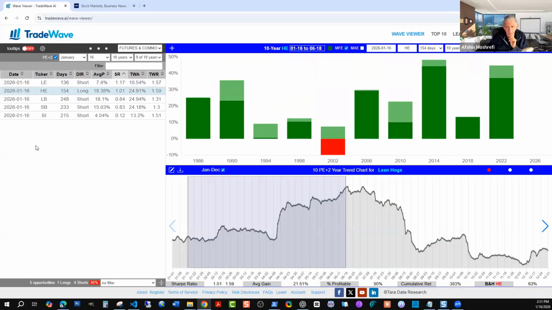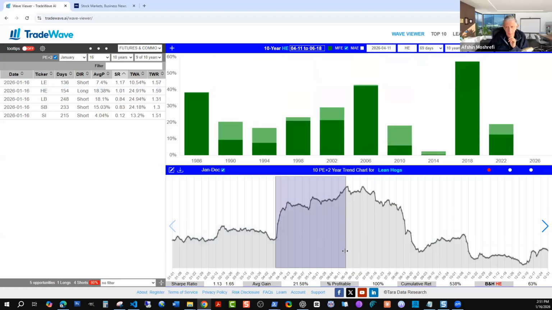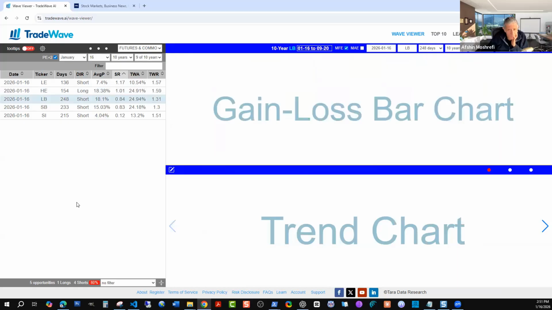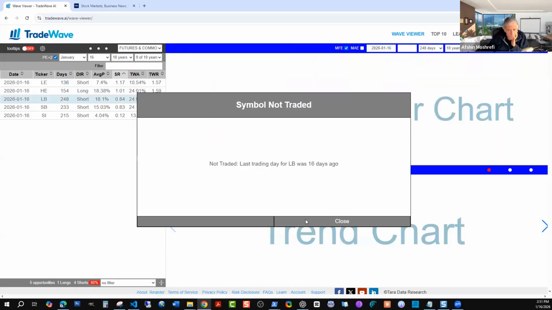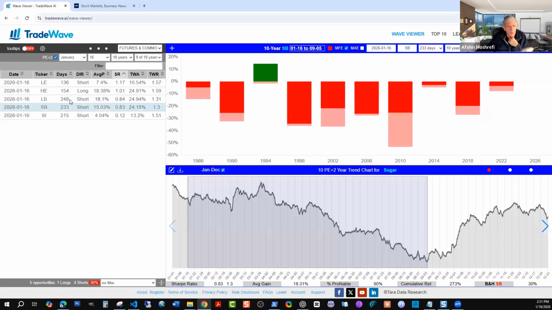HE I've talked a lot about, but I don't touch HE until April, really, when there's this huge move up. Lumber. Huh. I don't know why my data feed doesn't have these.